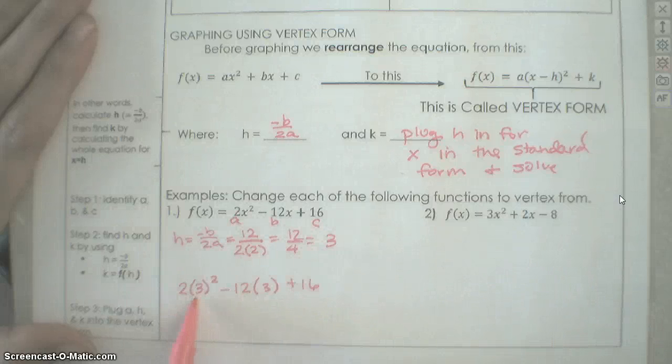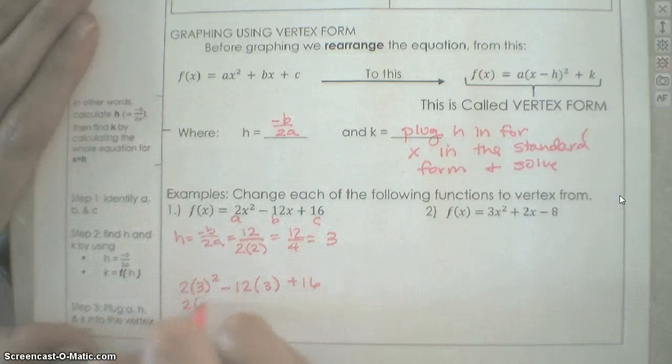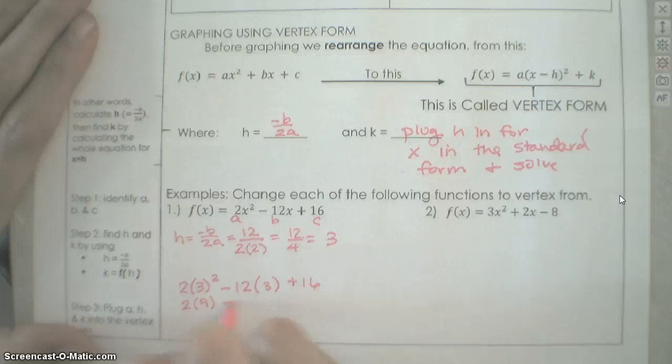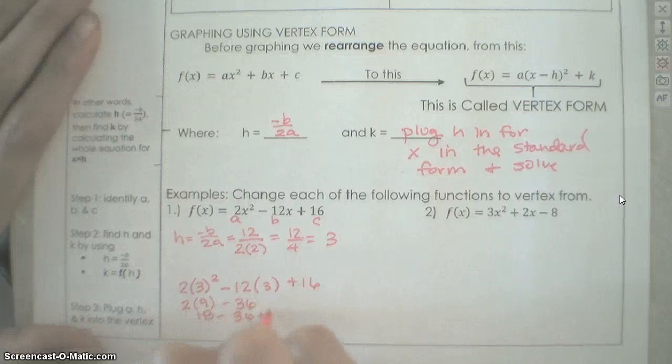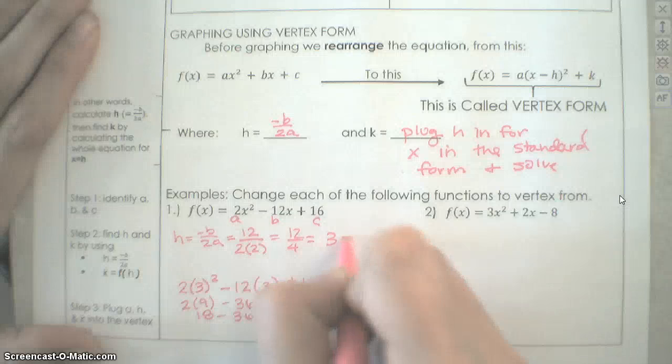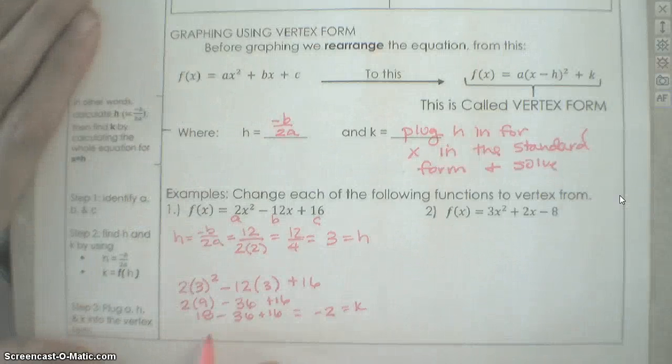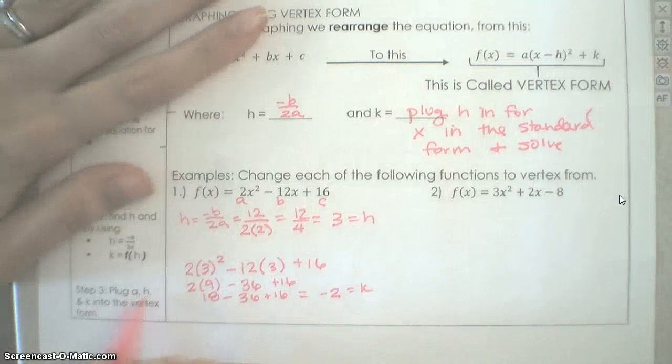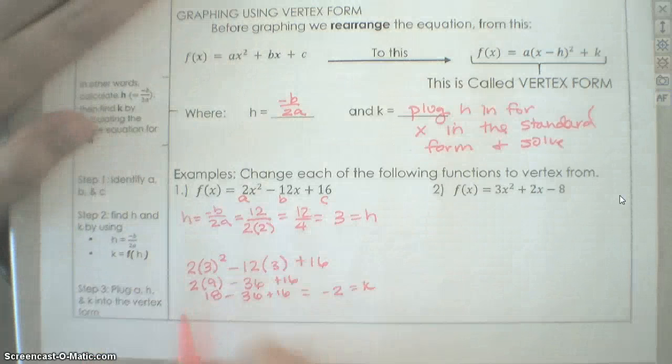Remember to do the exponents first. So it's 2 times 9, and then multiplication next. So this is 18 minus 36 plus 16, which is going to give us negative 2. So this is my k, this is my h. So I'm going to plug in the a, the h, and the k into vertex form.